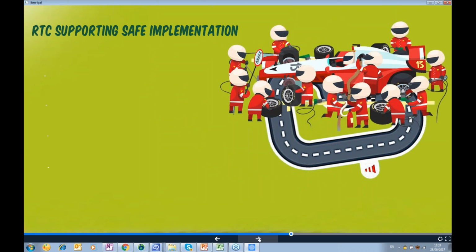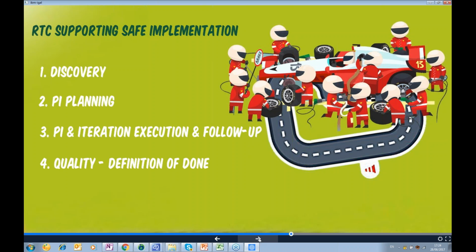So let's look at how RTC supports the SAFe implementation. How actually did RTC help us to support the SAFe implementation? I decided to pick 4 main, important phases where we see RTC as really helpful.